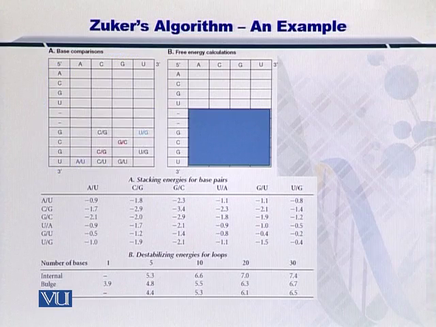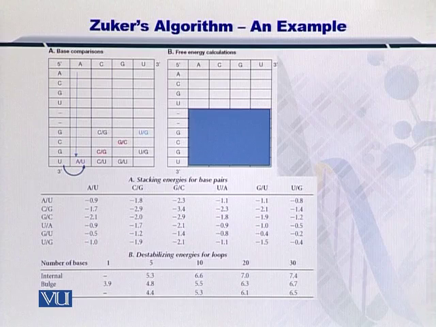Let's see. A can couple with U on the 3' end. This A is of course at the 5' end, as you can see here. So we will write it down as A/U, and this will be represented and written in the table for you.